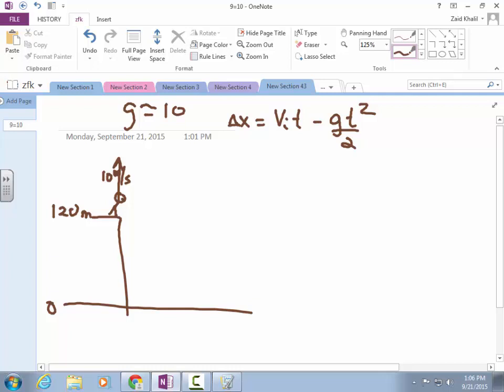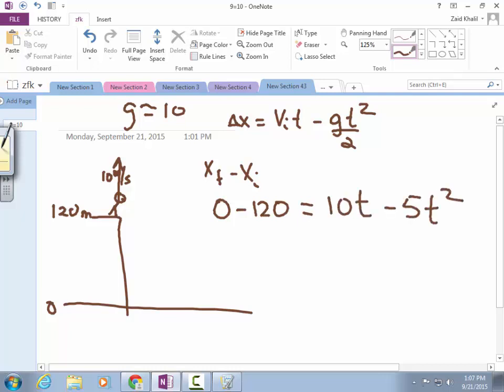So this is xf minus xi. So it's 0 minus the initial position, which is 120. Notice the displacement is negative. Why is it negative? Because it went down. That's right.